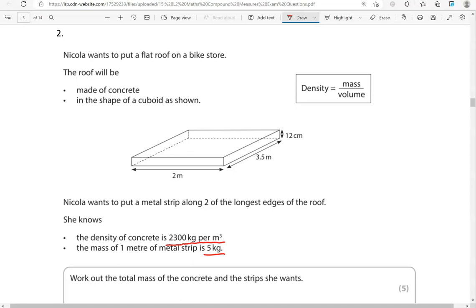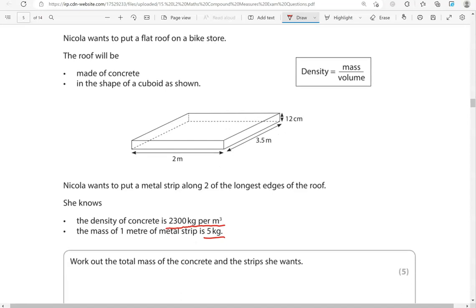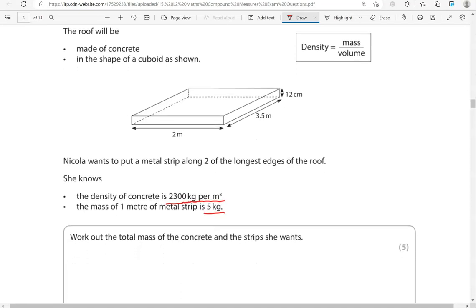So we've got to work out the total mass of the concrete and the strips that she wants. Let's start with the mass of the concrete. We know the density, but we don't know the mass. So we've got the formula here, which is density is equal to mass divided by volume.